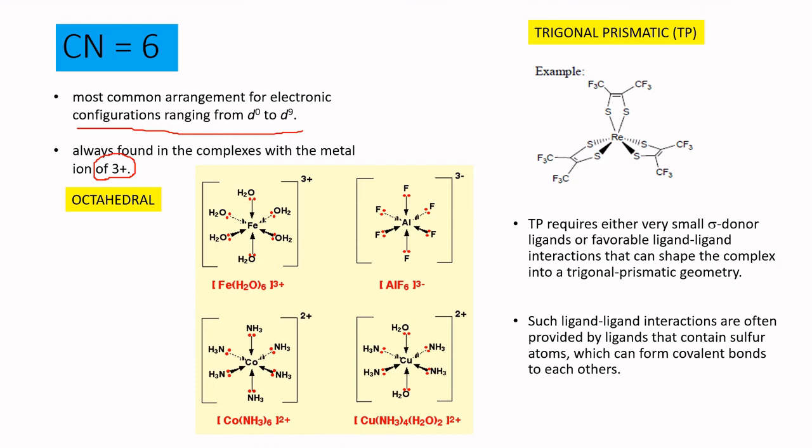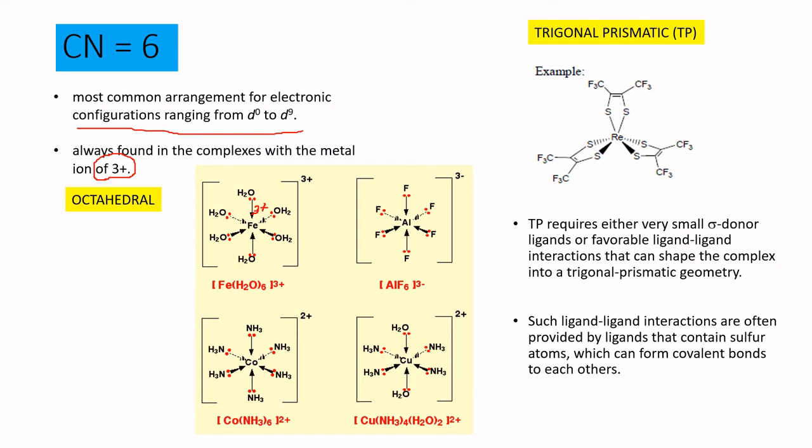If you look at the example here, the first one is the ferrum complex, and you can see that there are 6 water molecules attached to the ferrum ion, and the ferrum now has 3+ oxidation state because H2O is a neutral molecule, so it is 0.